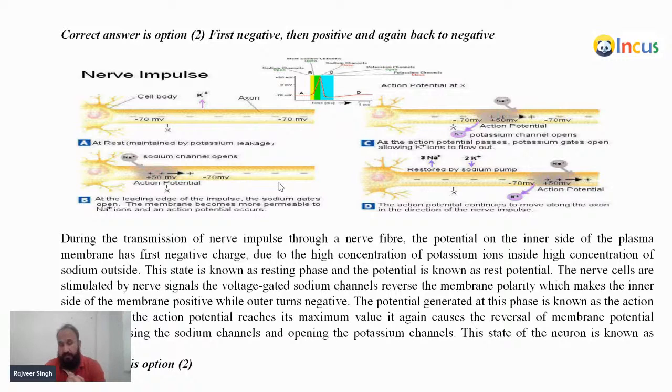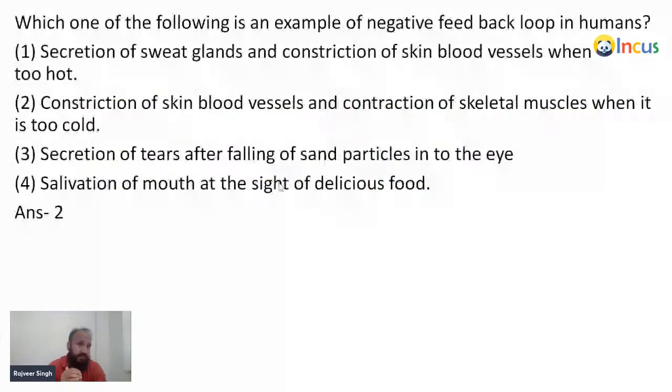Now, the next question in front of you. Which one of the following is an example of a negative feedback loop in humans? First, secretion of the sweat gland and constriction of skin blood vessels when it is too hot. Second, constriction of skin blood vessels and contraction of the skeletal muscles when it is too cold.